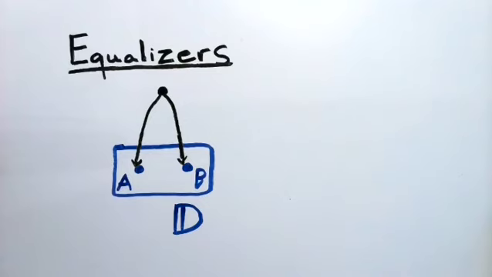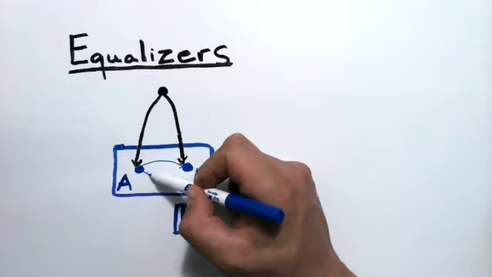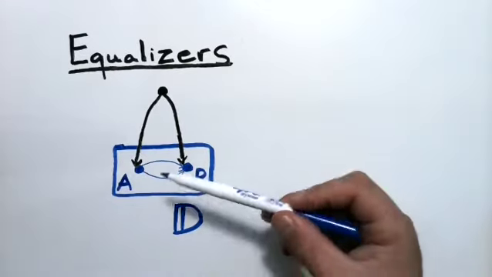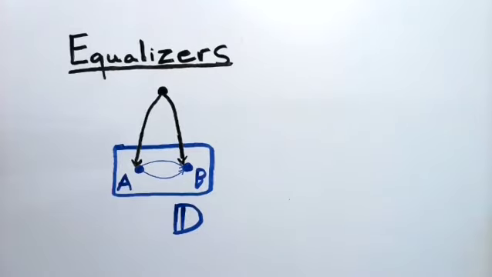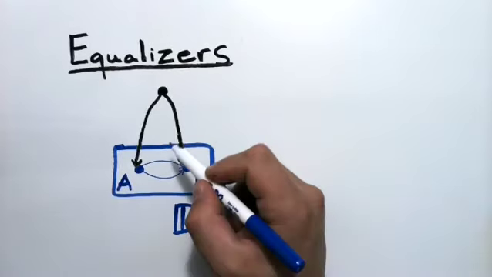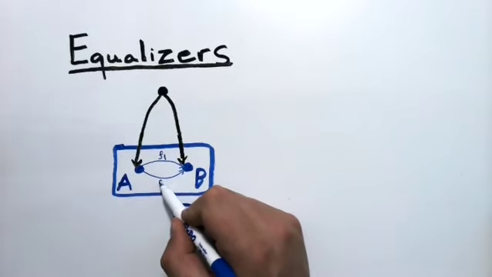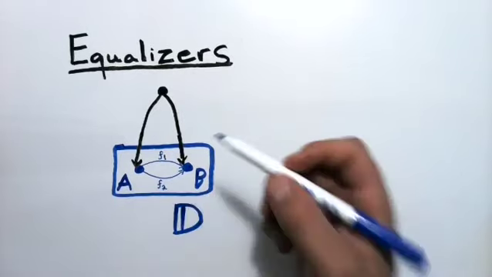This time, we're going to change that, and we're going to actually add two parallel morphisms to our diagram. So instead of our diagram just consisting of objects and their identities, we're going to add two parallel morphisms going from A to B, call them, say, F1 and F2.